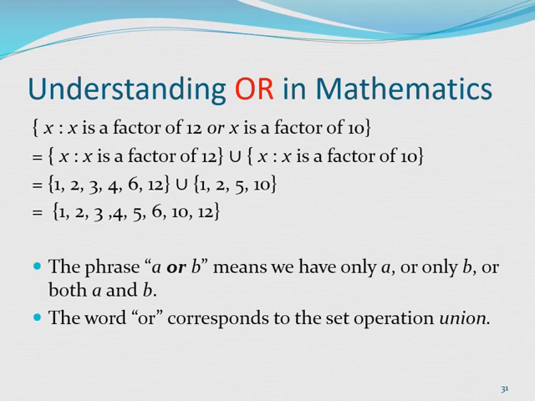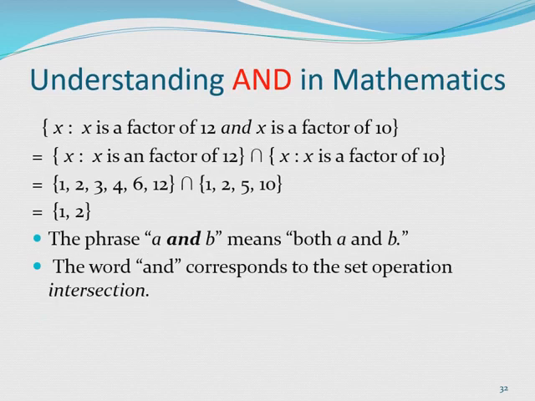Now, when I am going to pick up the union, I am going to collect all the elements which are present in A or B and in A as well as B. So I have 1, 2, 3, 4, 6, 12 and the others 5 and 10. The phrase A or B means we have only A or only B or both A and B. The word or corresponds to the set operation union.